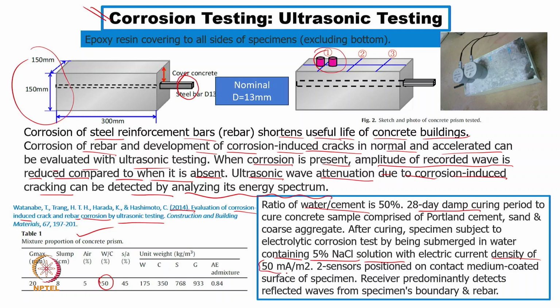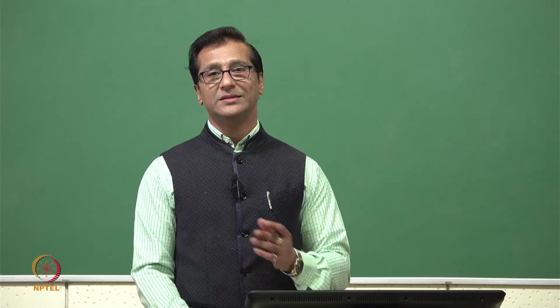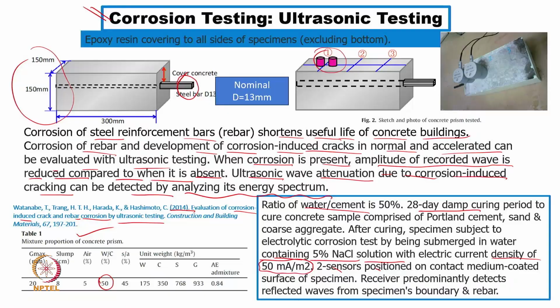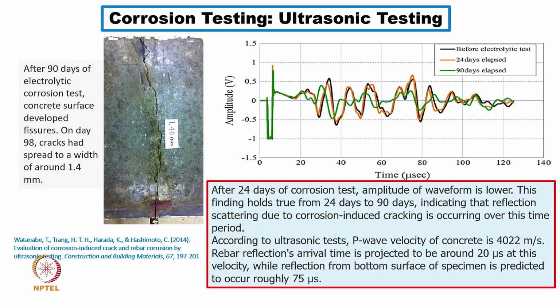Now here the current also was passed for doing the accelerated test to figure out what is really happening. As I mentioned earlier, with the two sensors, one sensor sends a signal, the other sensor receives it, and that's why we say the receiver predominantly detects the reflected waves from the specimen boundaries and rebar. So this is the test they do, and just showing the response.